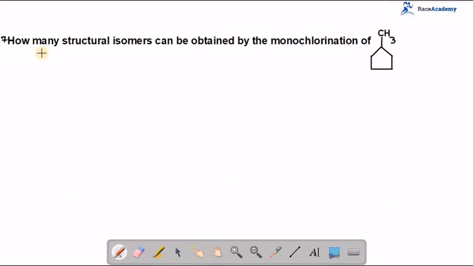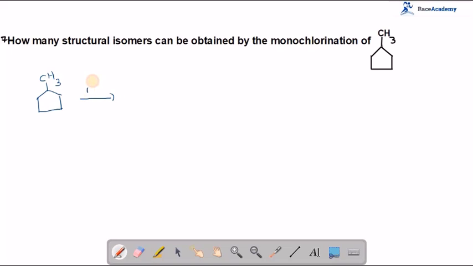See this question. How many structural isomers can be obtained by the monochlorination of this methylcyclopentane? Okay. You know, chlorination generally happens in the presence of sunlight, where the free radical mechanism takes place.